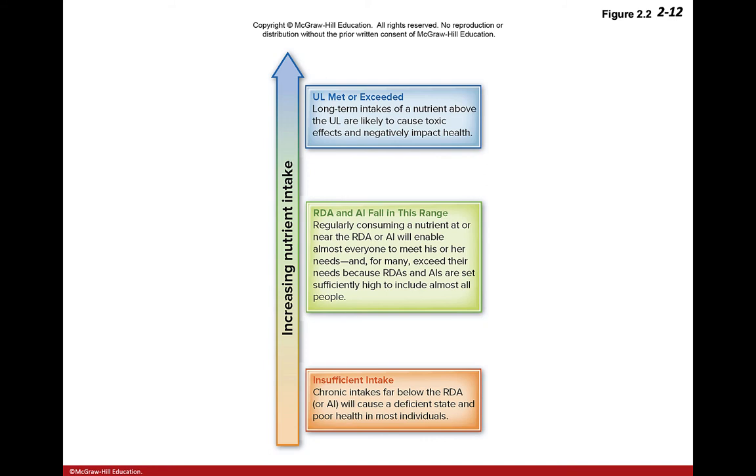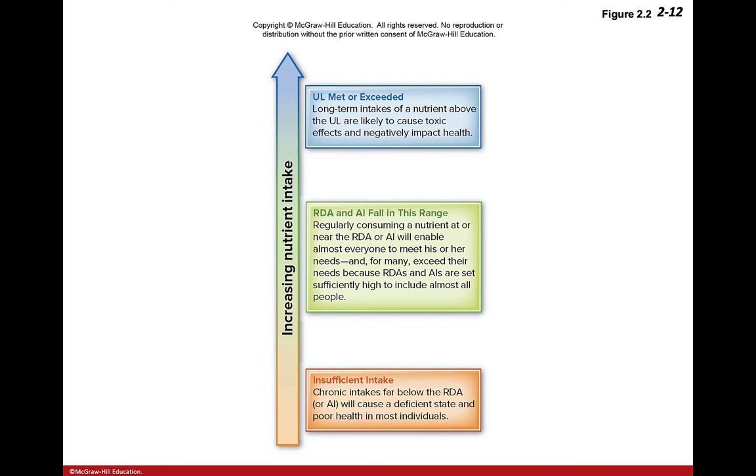So what we do know is that an insufficient intake below the RDA or adequate intake is going to cause a deficient state, poor health, and in some individuals, some type of a disease state. The sweet spot, once again, is the RDA and the adequate intake. So that's actually the level that you want to be at.